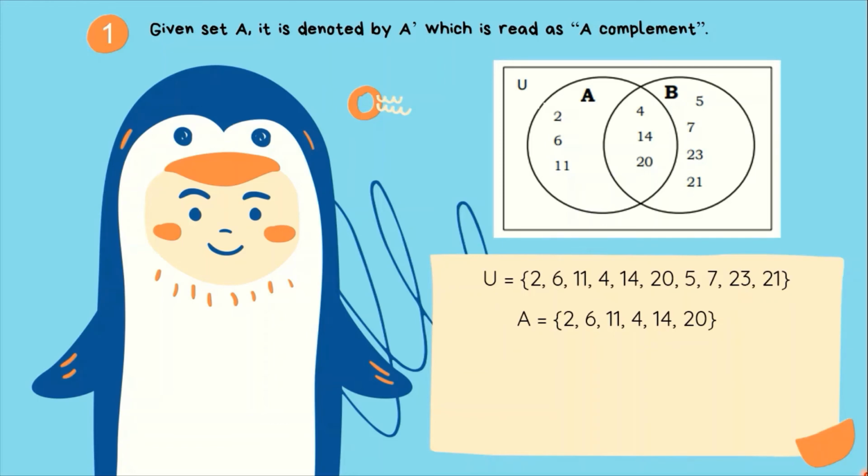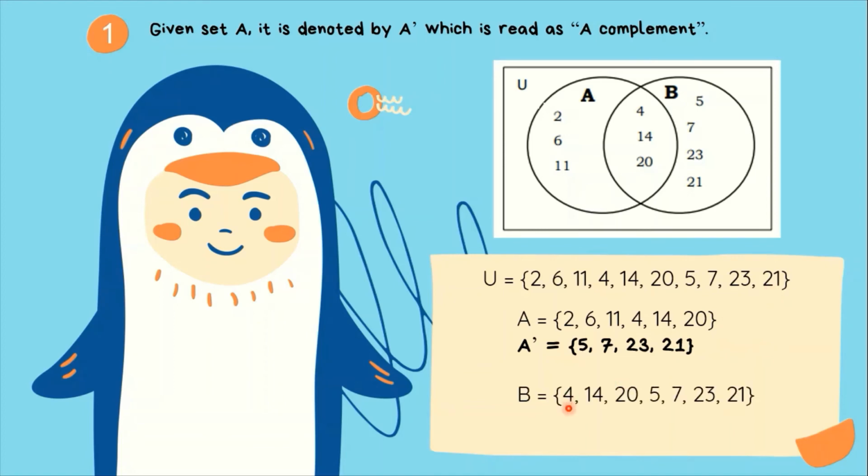So, when we refer to a complement, it means any element na wala kay A, pero nandoon siya kay U. Therefore, A complement is 5, 7, 23, and 21. Pero, dito sa universal set, meron siyang 5, 7, 23, and 21 na wala kay set A.